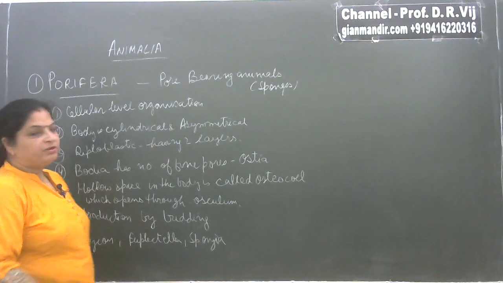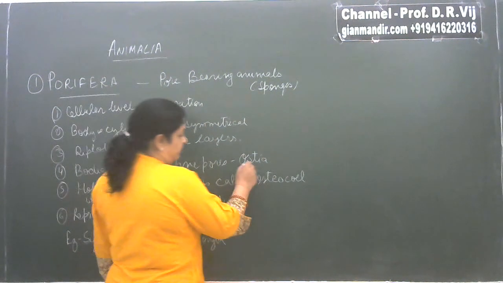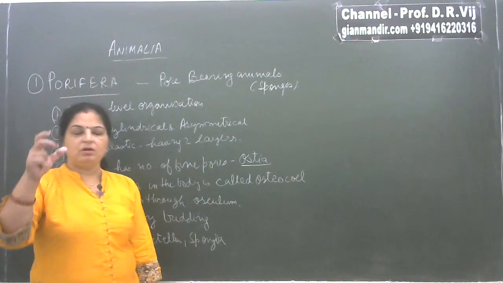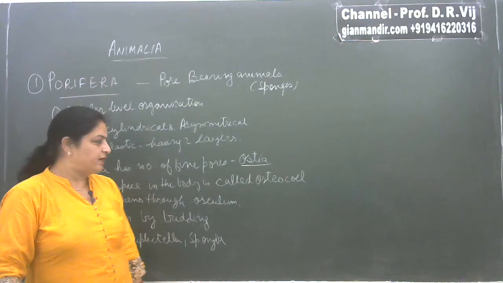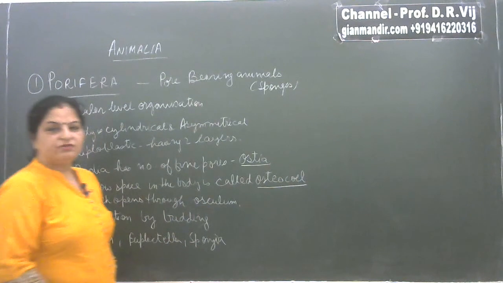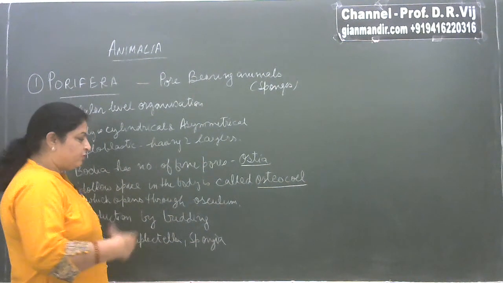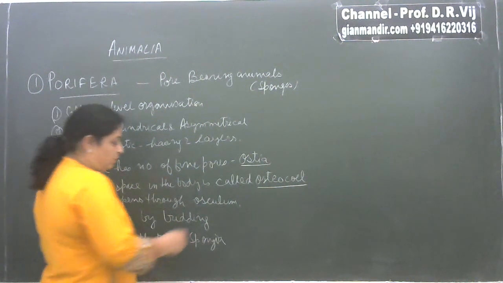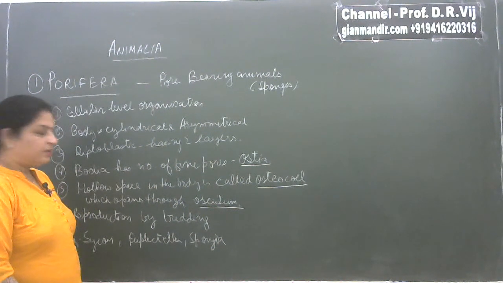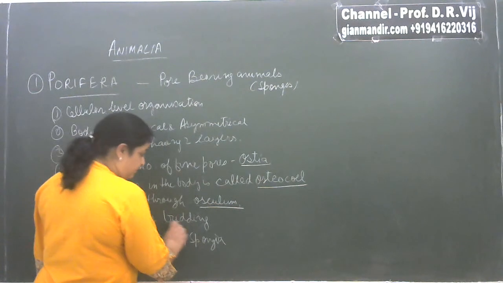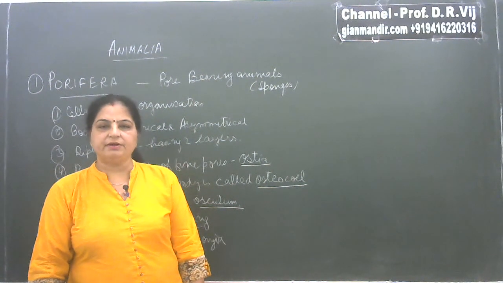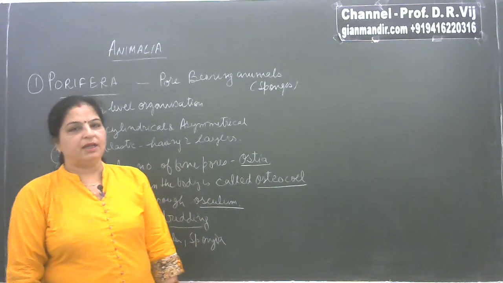The pores present on the body of Poriferans are known as ostia, and the whole body cavity present inside their body is known as spongocoel, which opens through an opening known as osculum. Here the mode of reproduction is asexual, generally by the process called budding, right?